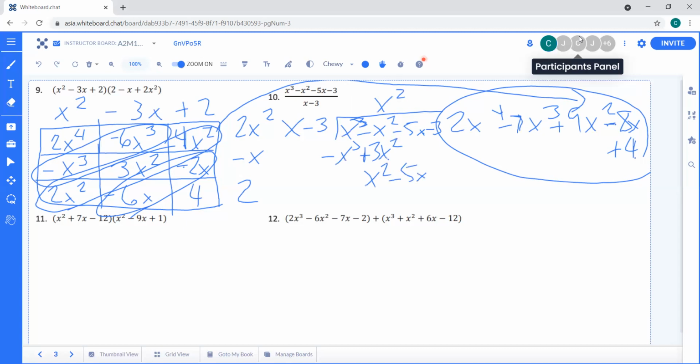That would have to be plus x. So that would be x squared minus 3x. And when I negate those, that becomes 2x minus 3. I don't like that because that's going to give me a remainder.